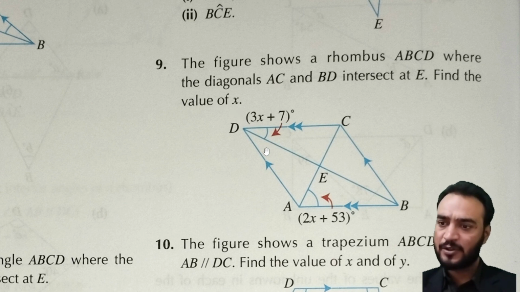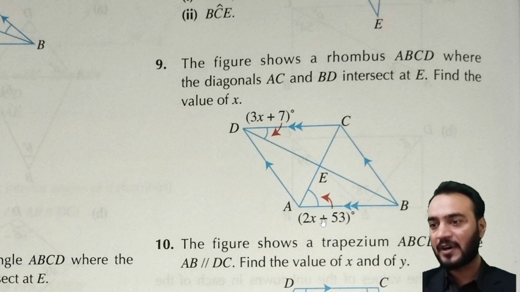For that, we need to find the angle ADE, as we know that in a rhombus the diagonal bisects the interior angle. So if half angle BDC is equal to 3x plus 7 degrees, then the remaining half, that is ADE, is also 3x plus 7 degrees.